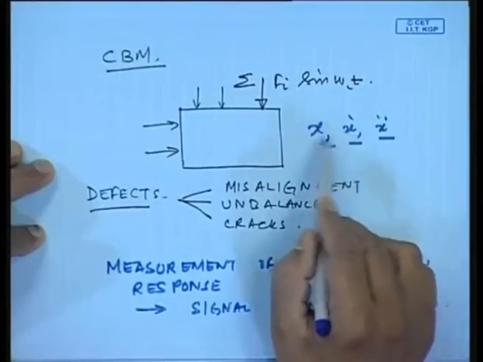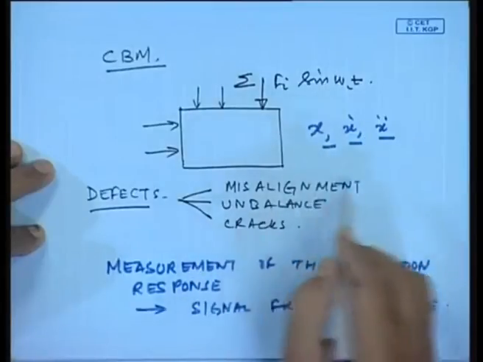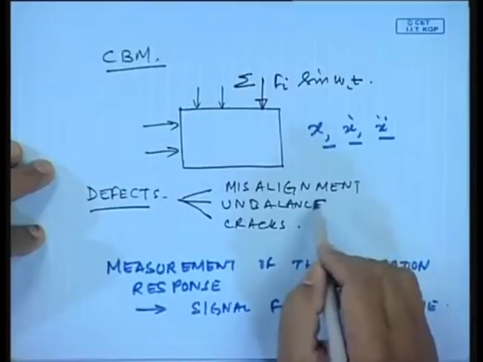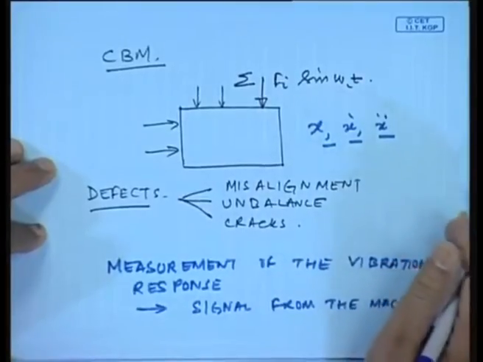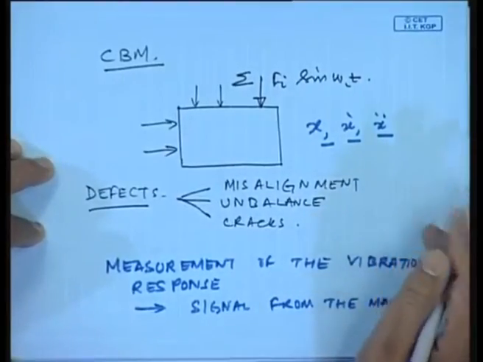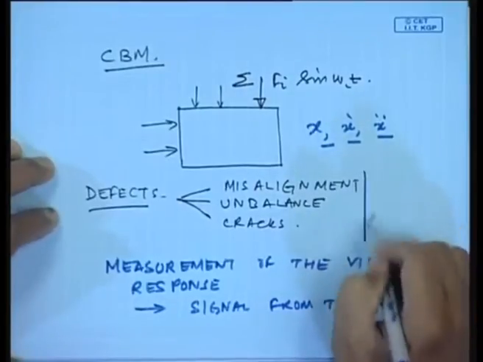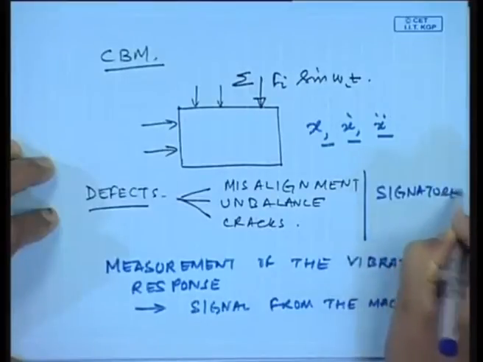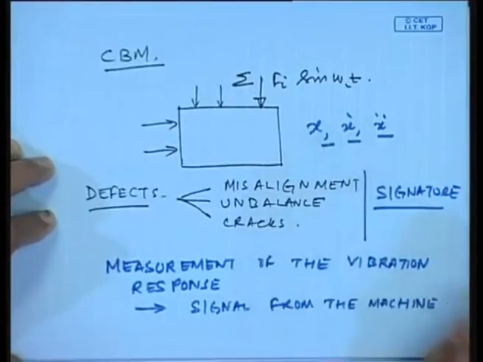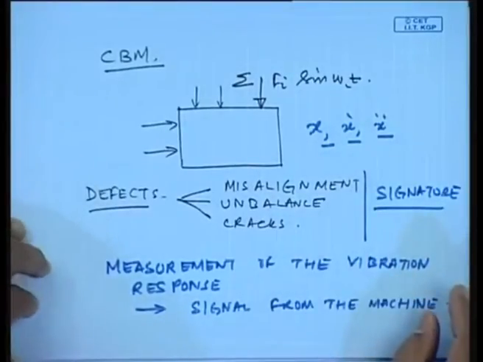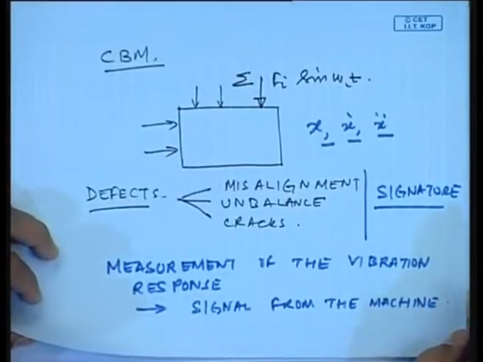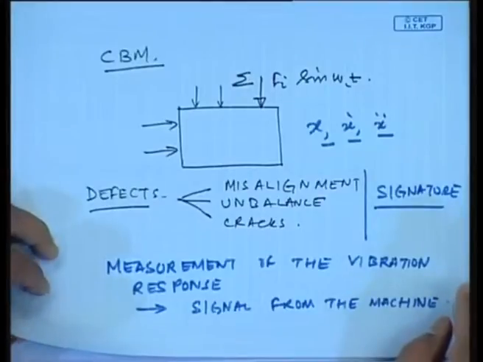We know that these responses are created by characteristic faults like misalignment, unbalance, cracks and so on. So, once such a knowledge base or signature is known to us, we can very well find out and diagnose the fault in a machinery. In that sense, the study of vibration is very important for us.